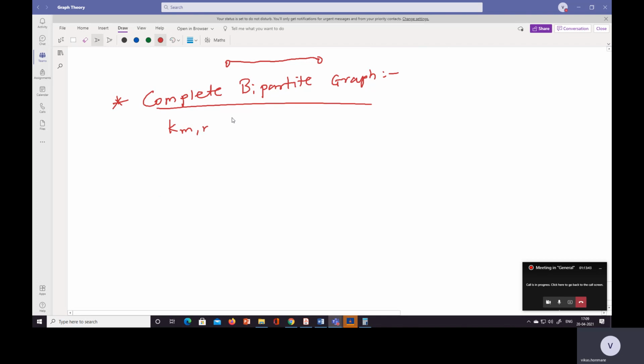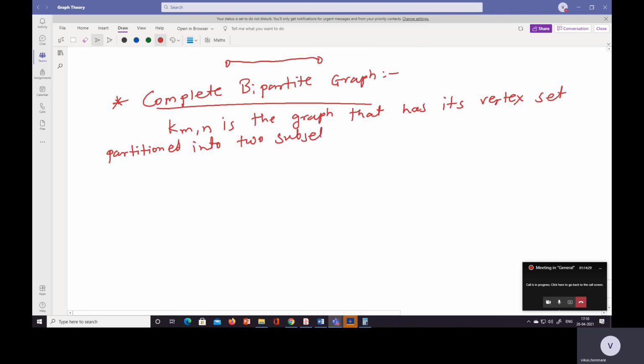Km,n is the graph that has its vertex set partitioned into two subsets, similar to a bipartite graph, of m and n vertices respectively.